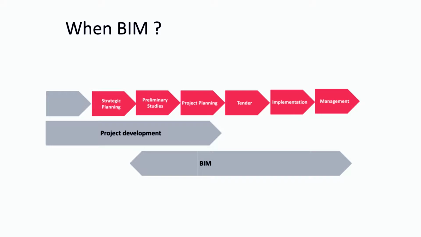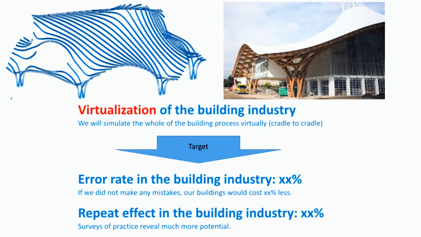It starts really, really early. It starts at least at the strategic planning, and it ends at the end of life of the building. This is BIM. So it is just a point of view all over the building from the first idea to the end of life. And what are we trying to do with this virtualization of the building industry?